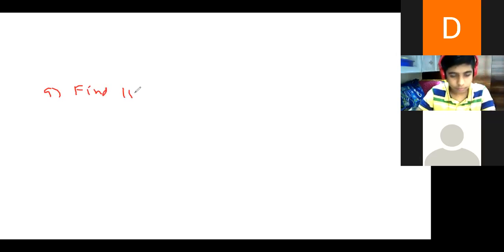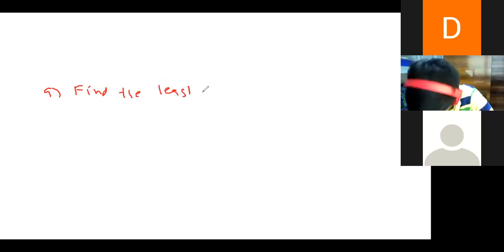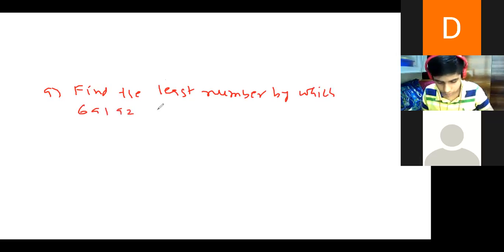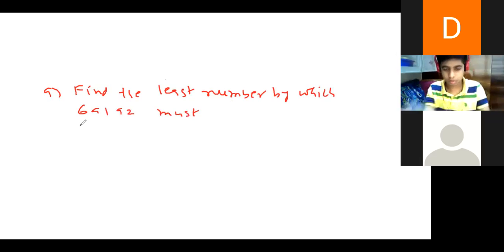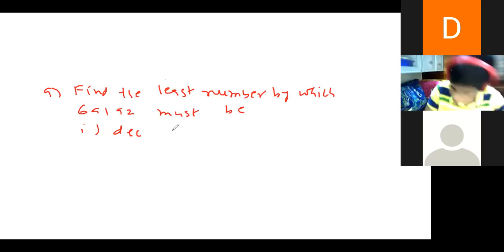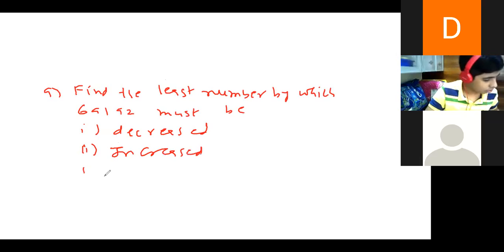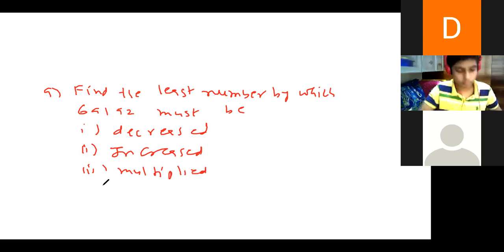First one: find the least number by which 69192 must be, first one decreased means subtracted, second increased means added, and third is multiplied, and fourth is divided.